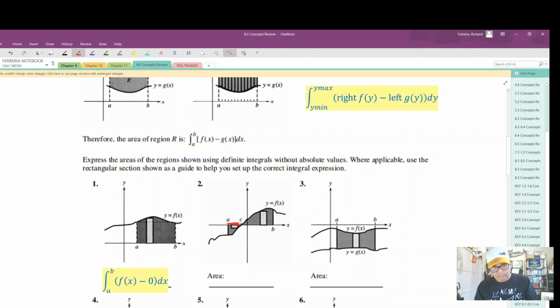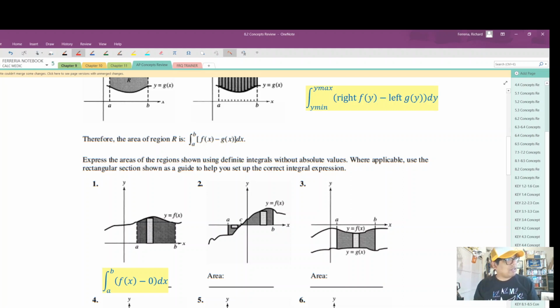That's the top boundary. And then from c to b, the top function is going to be this right here, which is f of x. So because the top function changes over there at x equals c, we're going to need two integrals to evaluate this. Or you might want to think about this as there are going to be two different areas. So we'll need those two integrals.